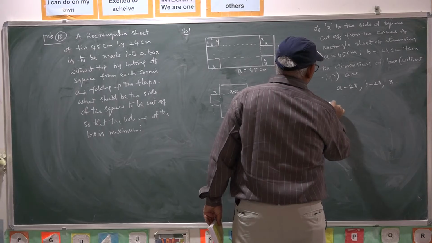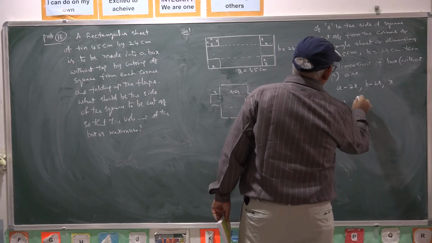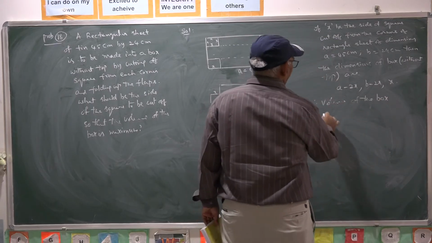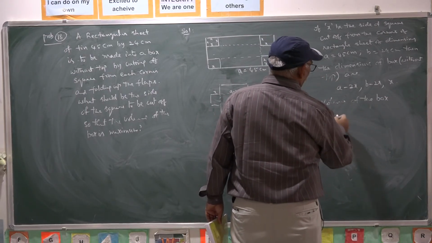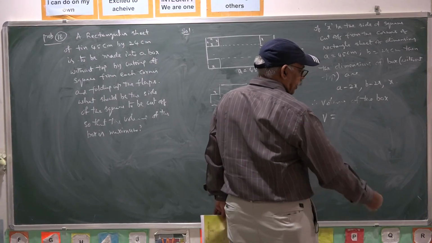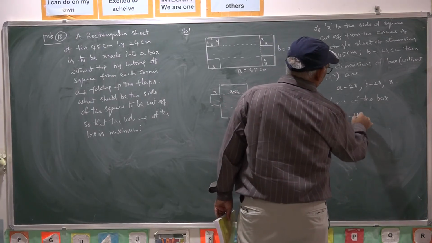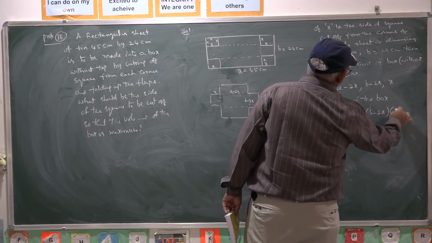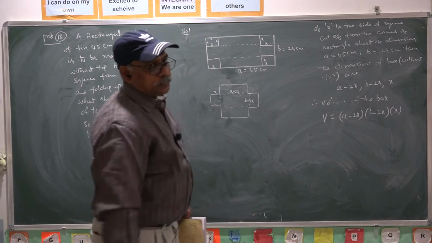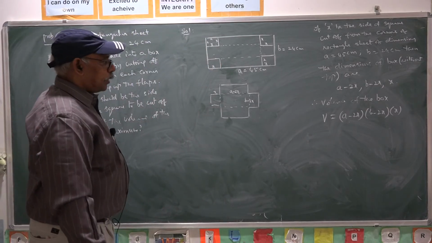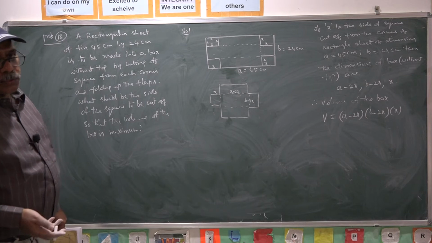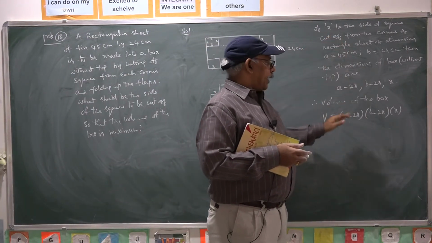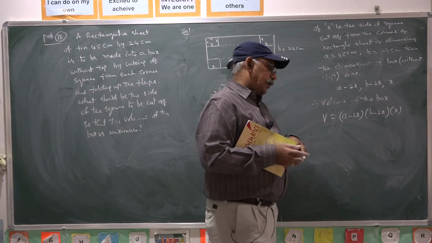Therefore, the volume of the box thus constructed, V, is given by length into breadth into height. We have to maximize this volume, so you have to find x so that it takes maximum value.